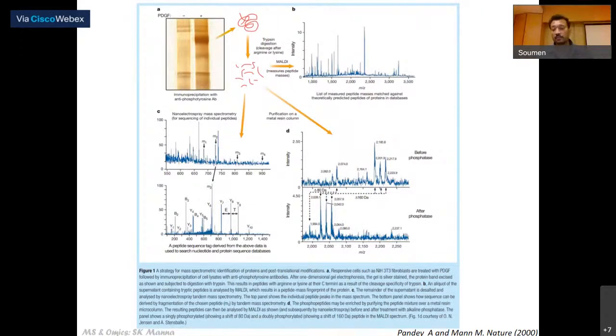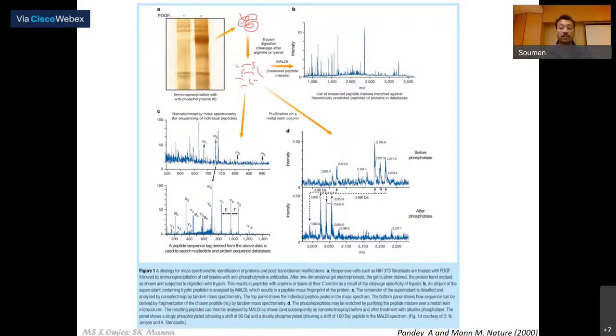If you are interested in specific proteins, let's say you have a gel, and you cut the gel and take the protein band out and subject it to trypsin digestion. Instead of trypsin, you can use other types of proteases as well. In fact, that will help you sometimes, particularly if you are looking into identification of something like a novel protein.